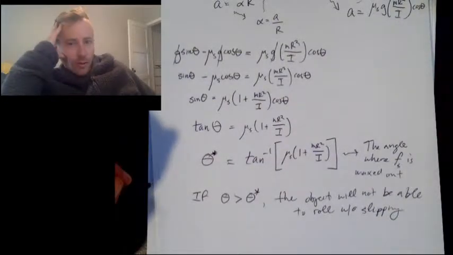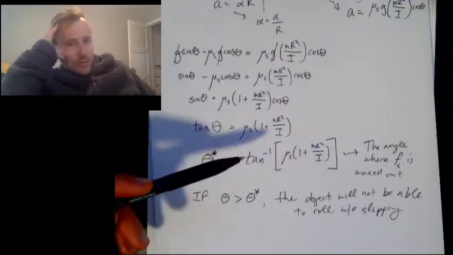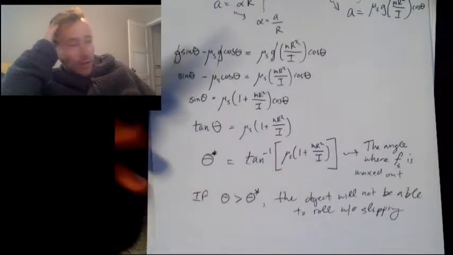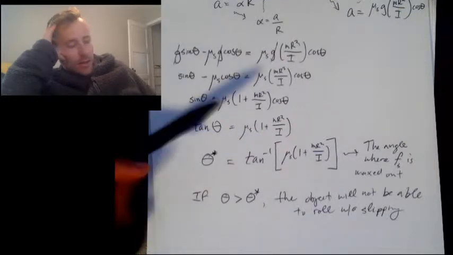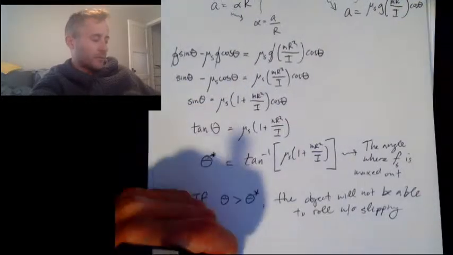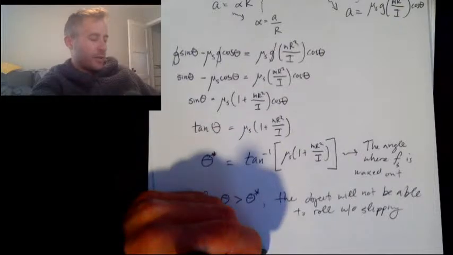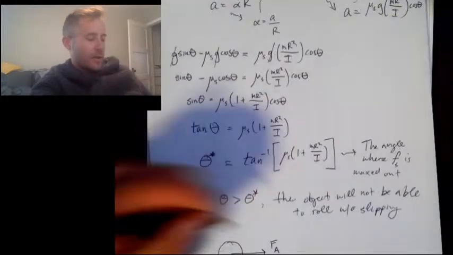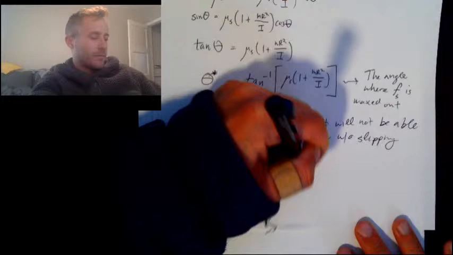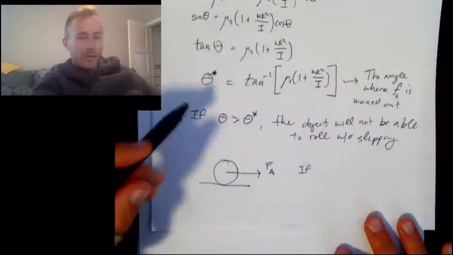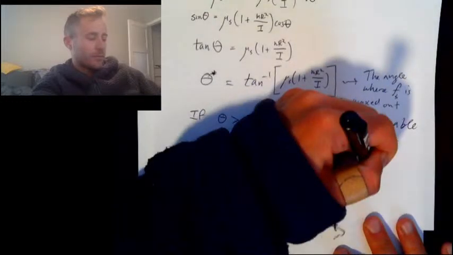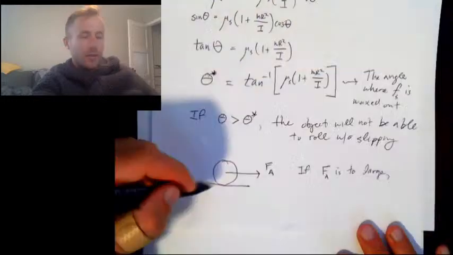All right? This type of analysis is not always limited to rolling down an inclined plane. If you have something that is on a flat surface, and let's say you're pulling it with some applied force, if the applied force is too large, the object will slip.